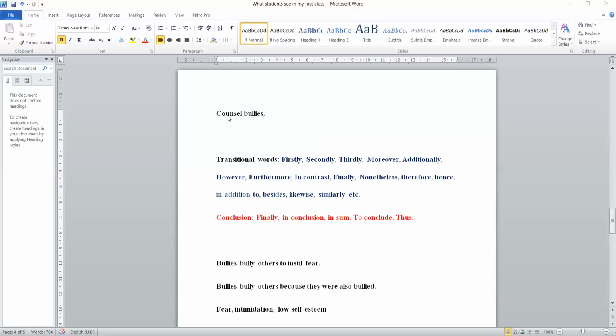All right. Just to recap, what are some of the things that you remember about the introduction and the different types of hook in the introduction?